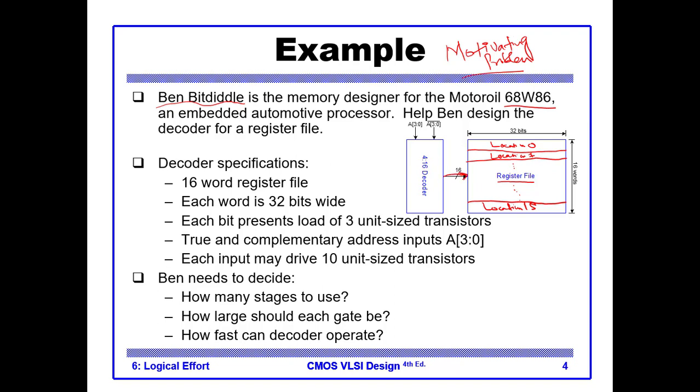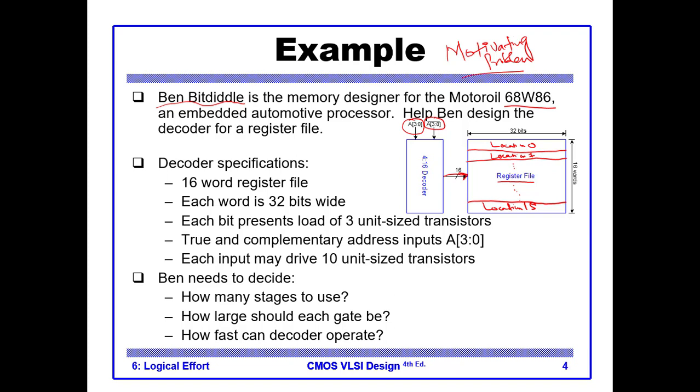A decoder is there to select a location. A decoder is a circuit which has 4 inputs, A3 down to A0, and this is just the inverted set of inputs, so both are available.